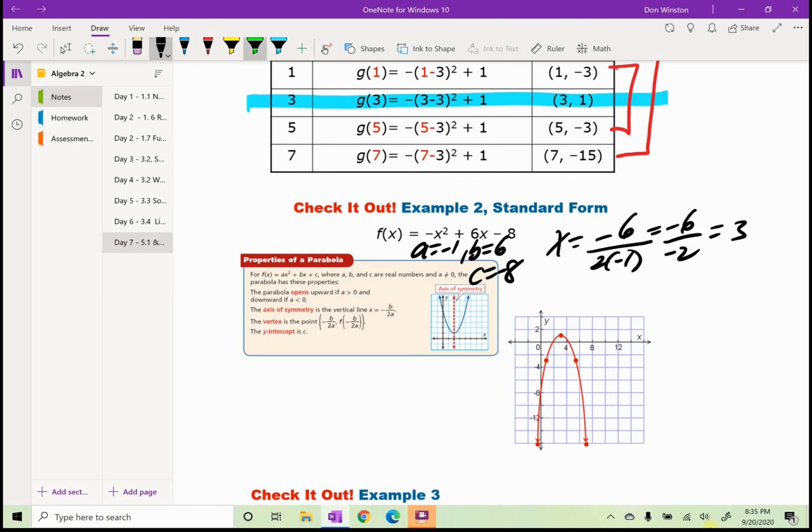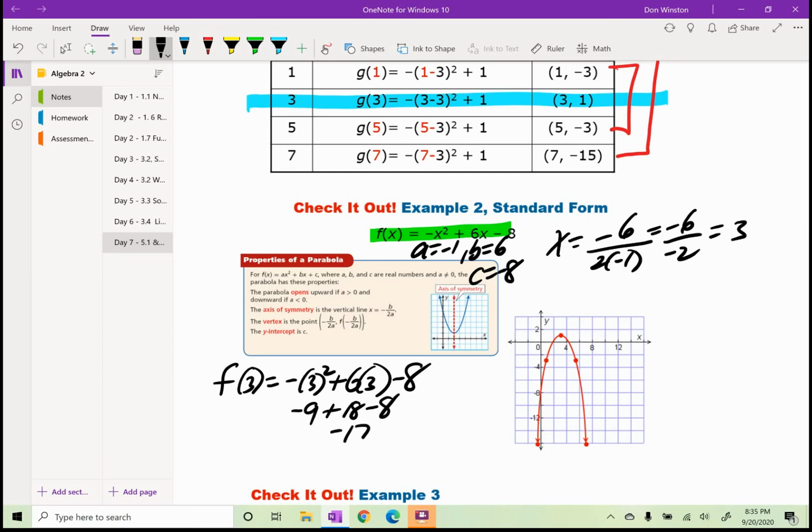And then again, you substitute the value of the axis of symmetry into the standard form. So f of 3 will equal negative 3 squared plus 6 times 3 minus 8. So 3 squared is 9. We take the opposite, -9 plus 18 minus 8.